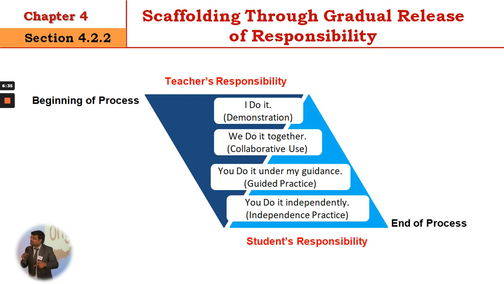Yet there is a very important point that has to be noted here. This scaffolding through gradual release of responsibility works wonderfully in the case of basic numeracy and literacy skills. But it doesn't mean that it works for all the higher skills and ideas.